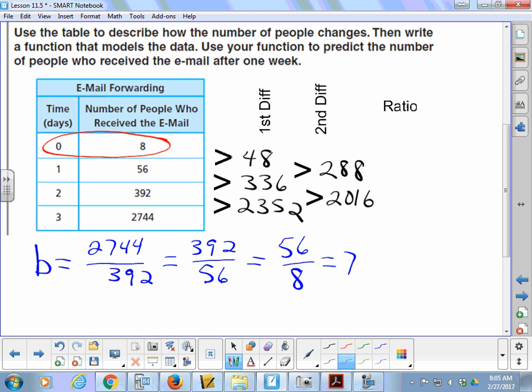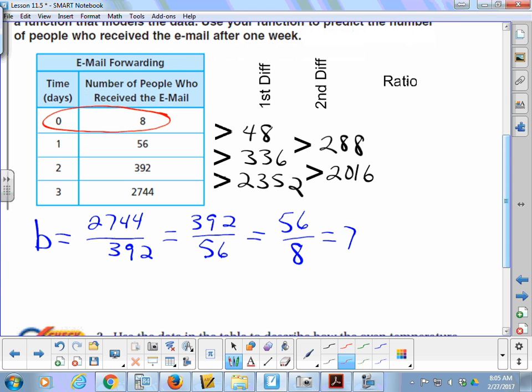So where's my starting value? What's the y-intercept? So my function here is f of x equals 8 times 7 to the power of x. Right. It starts with 8, and we're multiplying by 7 each time.